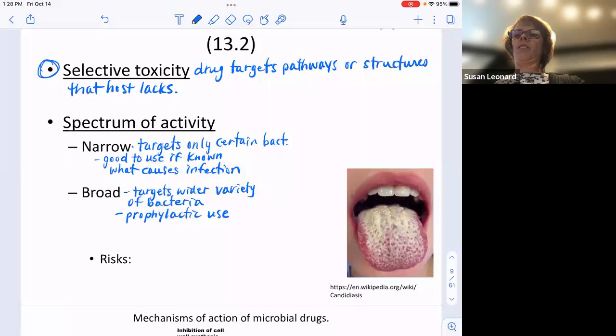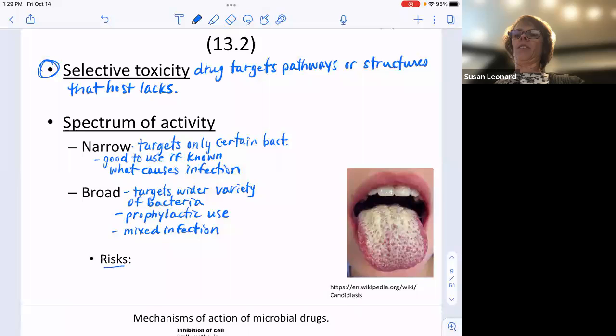Also, we might use a broad spectrum antibiotic if a patient has a mixed infection, meaning they're infected with several different kinds of organisms at once, numerous species. Now, using a broad spectrum antibiotic does have its risks.